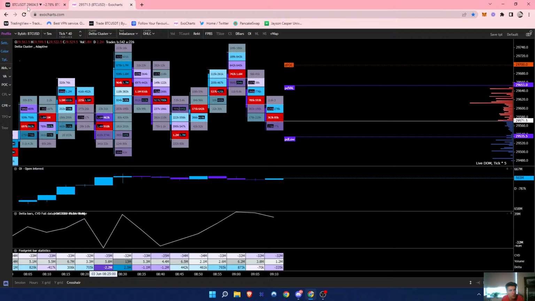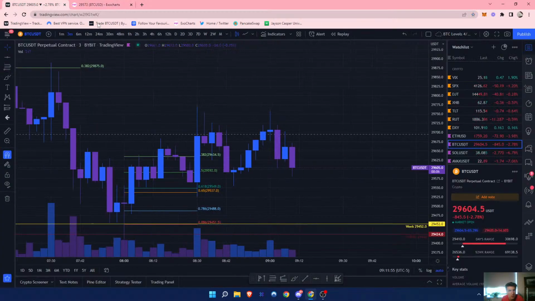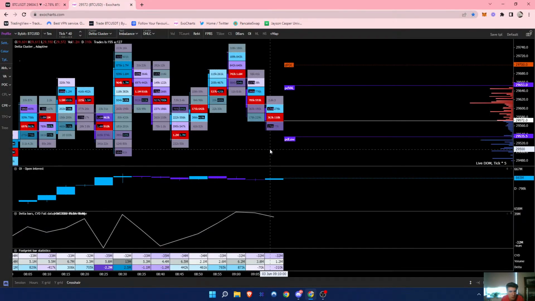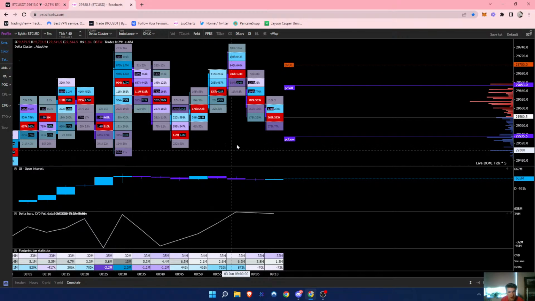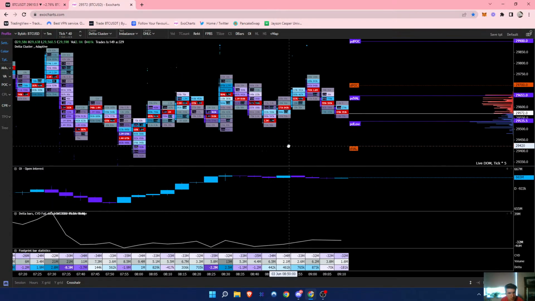Might not even take a trade, to be honest. I'm not really seeing anything good with the clusters. Might be the sideways flip-flop day.